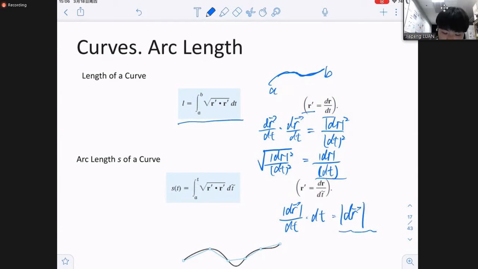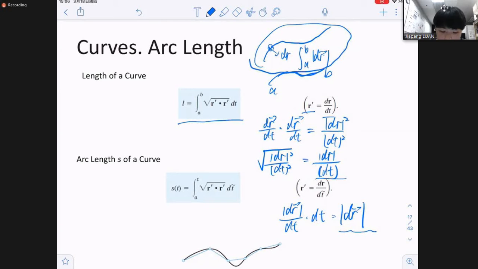So a dr norm, for example on this curve, is like a very small length, which has the length of dr, and you integrate it from a to b. So that is actually the arc length. So that is how we get this equation.